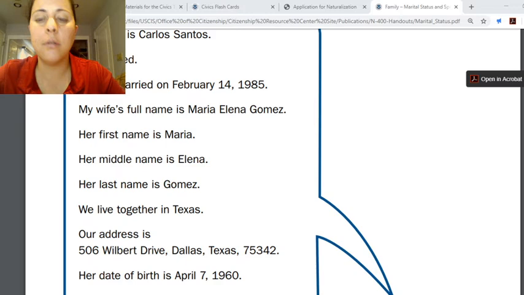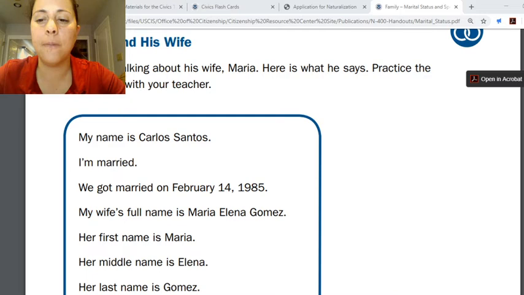Okay. What is the date of his marriage? 02/14/1985. Remember, on the N400 application, the date is written as month, day, year.